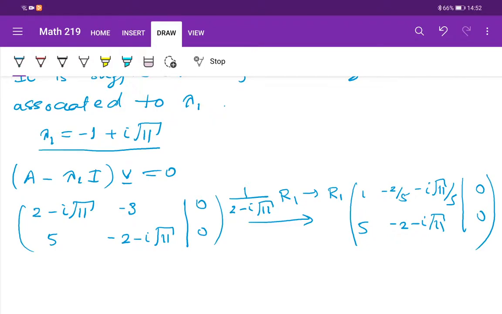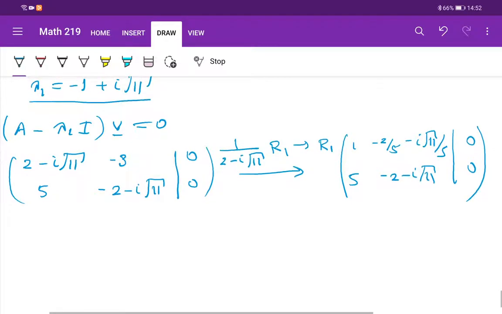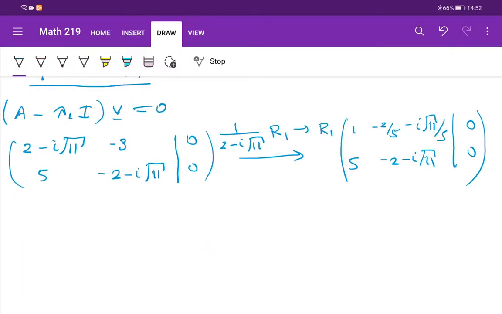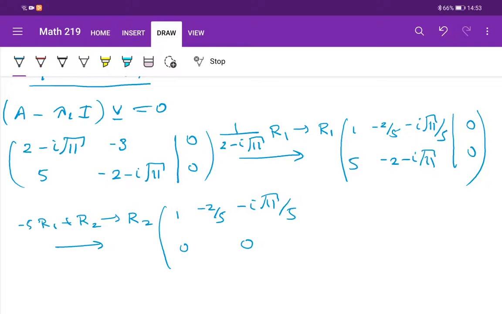So we have a leading 1 in the first row, and then you multiply the first row by minus 5 and add it to the second row, and that will be a new second row. So the first row remains as it is, and the second row will become 0, 0.